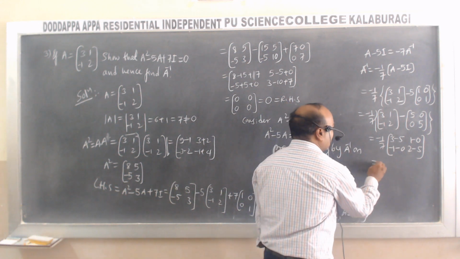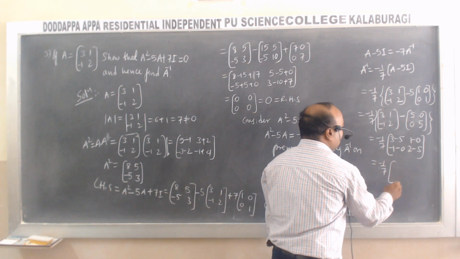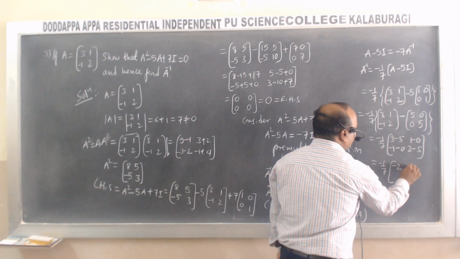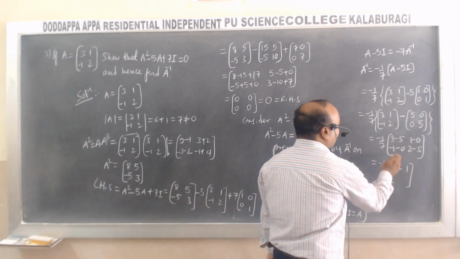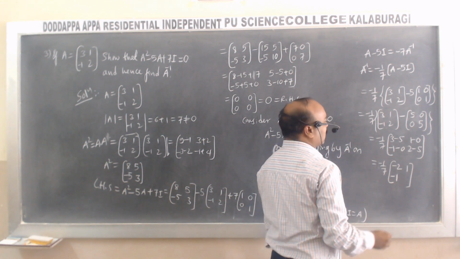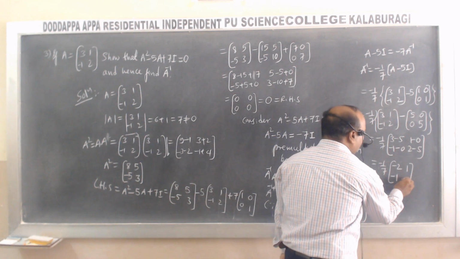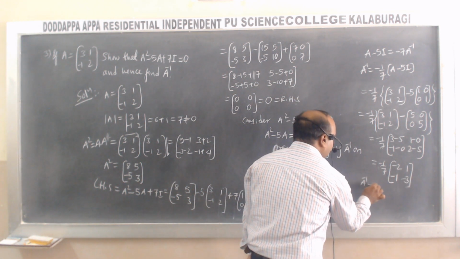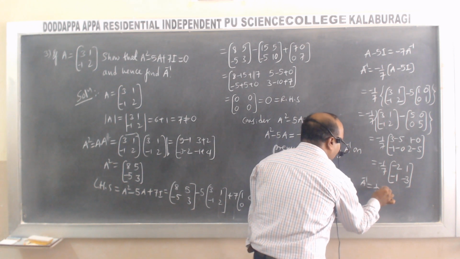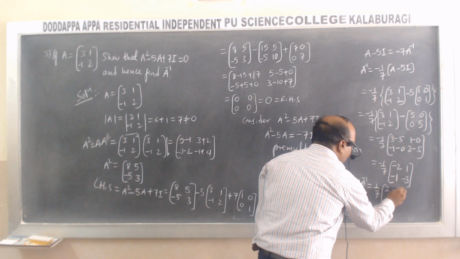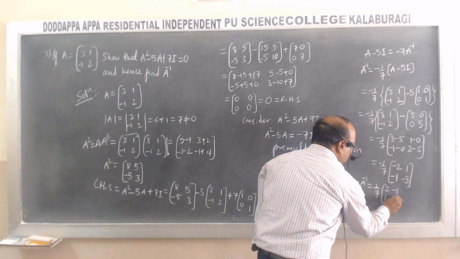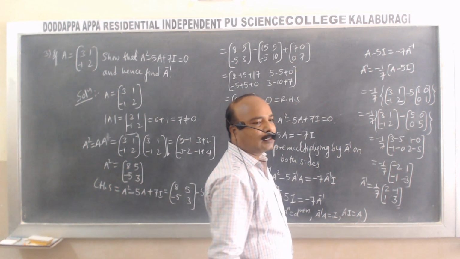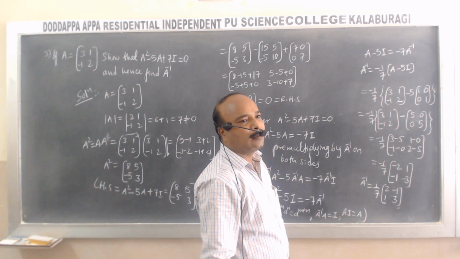Now simplifying this we get minus 1 by 7, 3 minus 5 is minus 2, 1 minus 0 is 1, minus 1 minus 0 is minus 1, 2 minus 5 is minus 3. Or you may also write, taking the minus inside, 1 by 7 into 2 minus 1 1 3. So like that also we can write this. Now this is the required inverse of the given matrix.